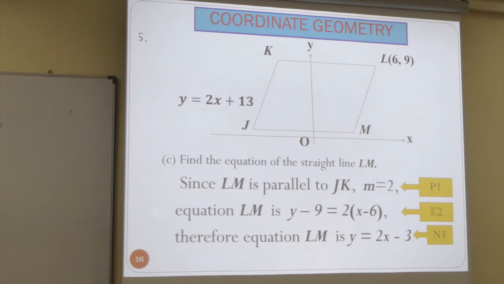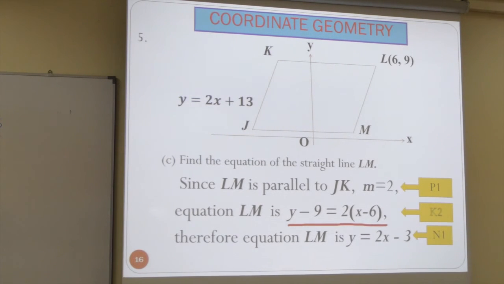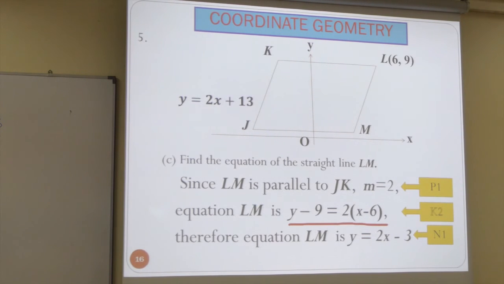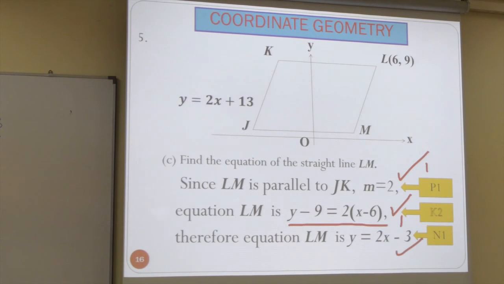This method I show here is another method of answering. So there are 2 methods to answer this question. If you can get m, 1 mark for you. y equals mx plus c, or y minus y1 equals m times x minus x1, that one also 1 mark. And finally your answer will be 1 mark. Got it? So next.